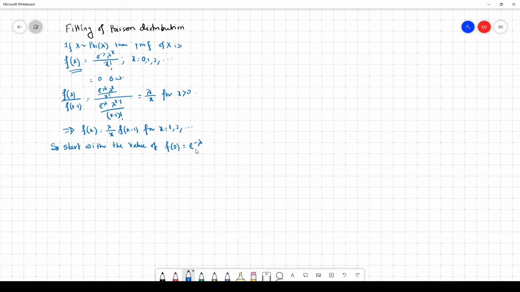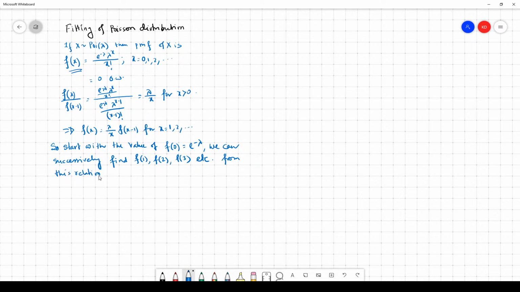If f(0) equals e to the power minus lambda, we can successively find f(1), f(2), f(3), etc. from this relation.